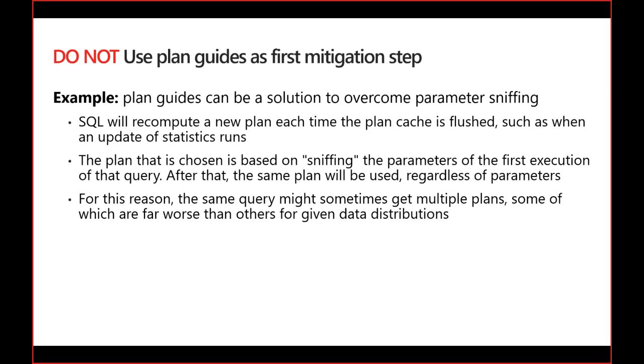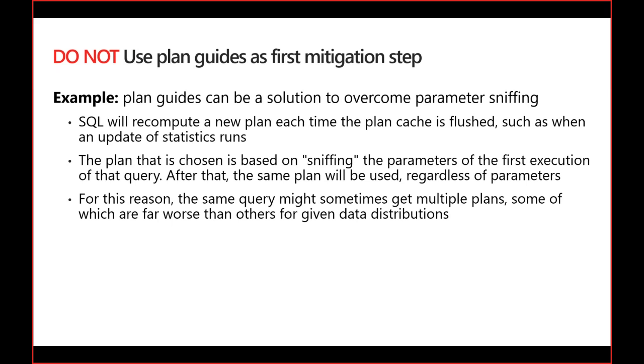But of course, if you store the first plan and want it reused for the next queries, or maybe you would like a different plan for a query with different parameters, you may want to guide SQL Azure in the backend to use one specific plan for one set of parameters, and a different plan for the other set.